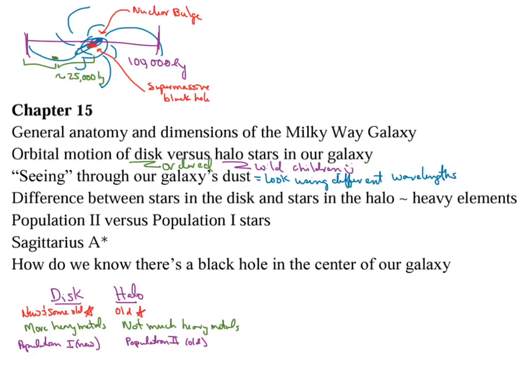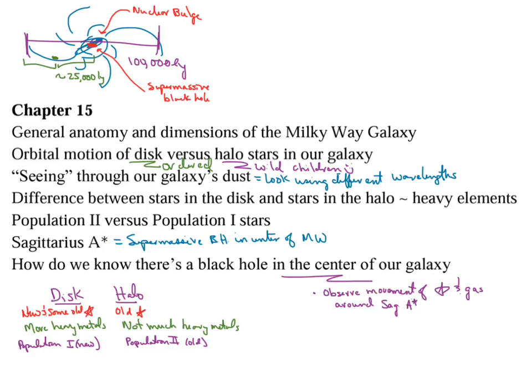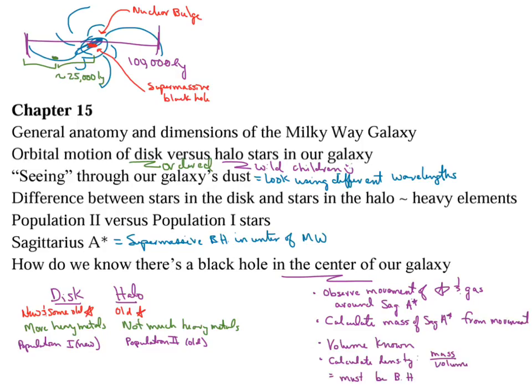Okay, Sagittarius A star, like I said, is where the supermassive black hole is located. And it's in the direction of the constellation Sagittarius for us. And how do we know it's a supermassive black hole? Well, scientists can observe stars and dust orbiting this object, and from its motion we can get its mass.